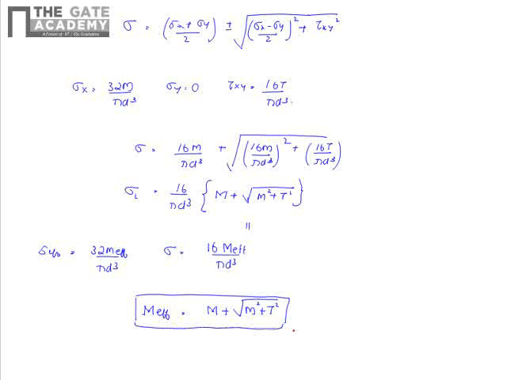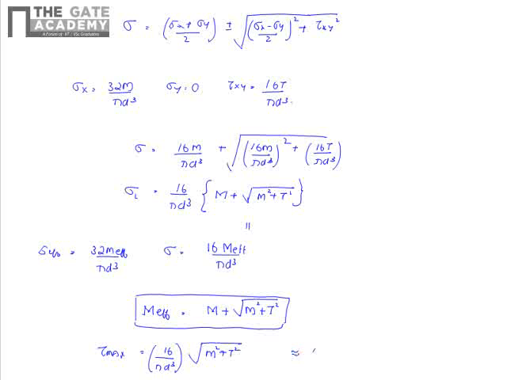Similarly, the maximum shear stress is also given by the square root term of this equation. So it will be 16 by pi d cube into square root of M square plus T square.